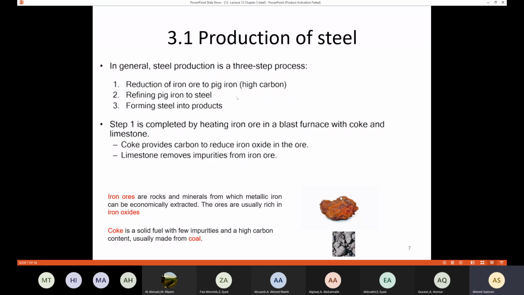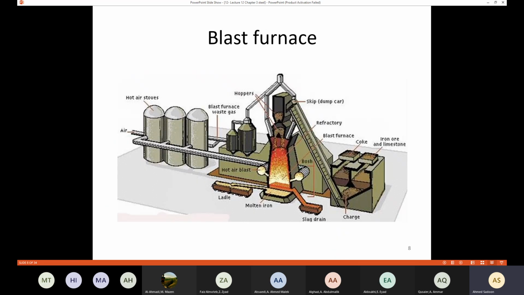So the basic component is the iron ore, but I need to use coke to provide carbon to reduce iron oxide, and limestone to remove impurities from the ore. So the first step, I am going to use a blast furnace. I am going to have iron ore, limestone, and coke.